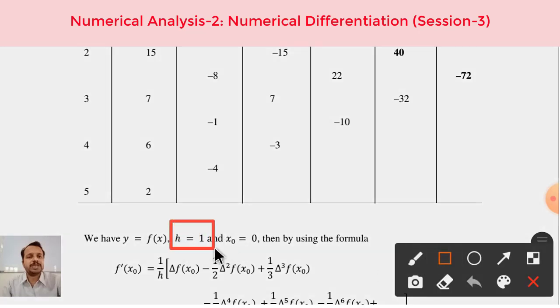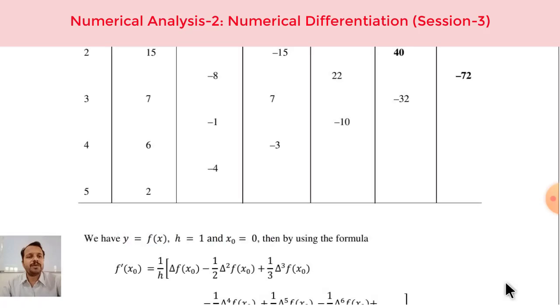So here h is 1 and the initial point x0 is 0, and here y is in place of f of x. We have to understand that this f of x is nothing but y.